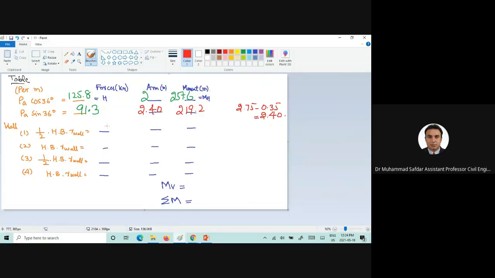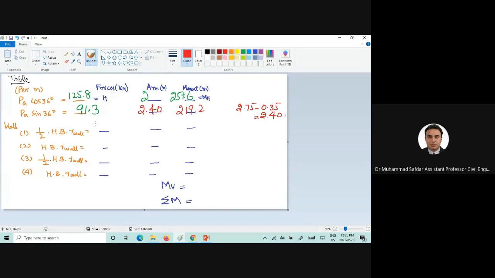Okay, now give me the values of forces and the lever arm and the moments. I need your help, please. Seventy. Okay, let me help you here.